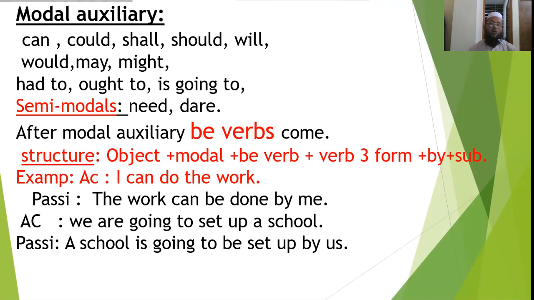Structure: object plus modal plus be verb plus verb third form, that means past participle, plus by preposition plus subject. As example, I can do the work. Passive voice: the work can be done by me. Active: we are going to set up a school. Passive: a school is going to be set up by us.